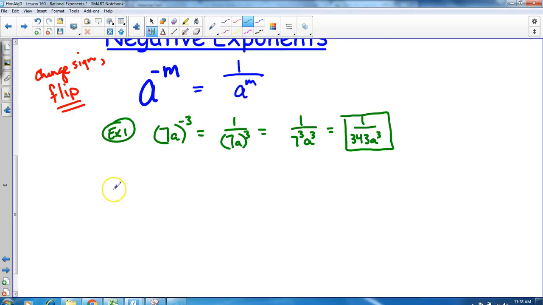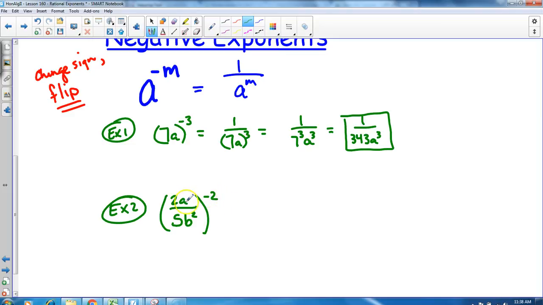A little bit more complicated here. Example 2. If I've got, let's say, 2a over 5b squared raised to the negative second.